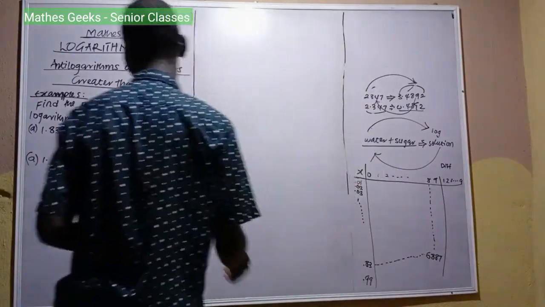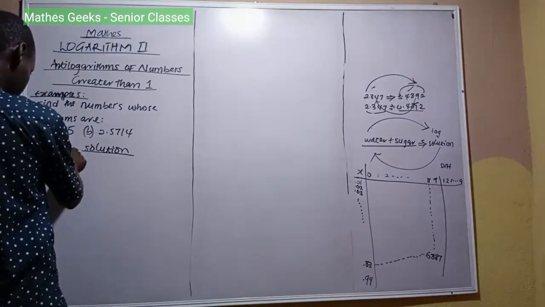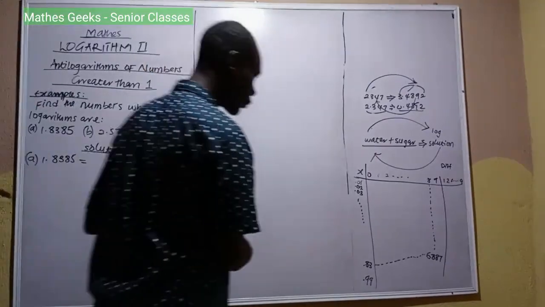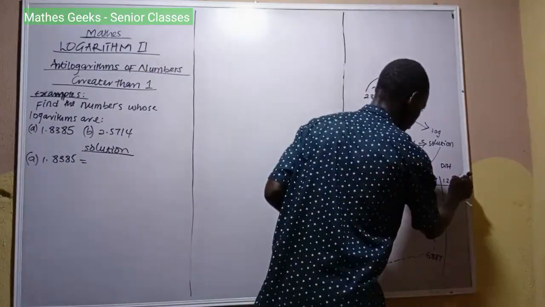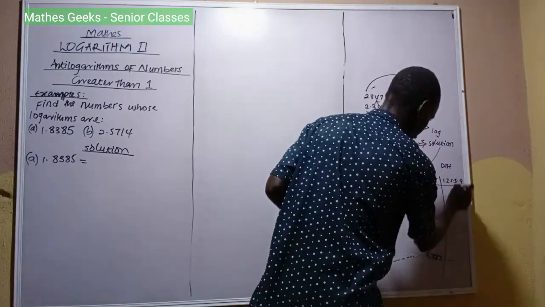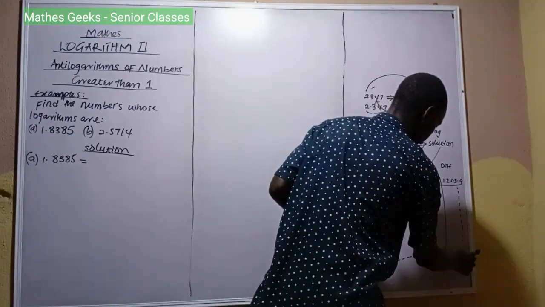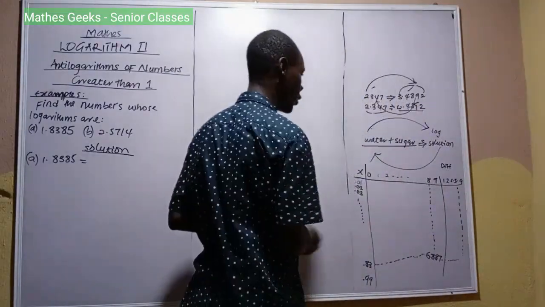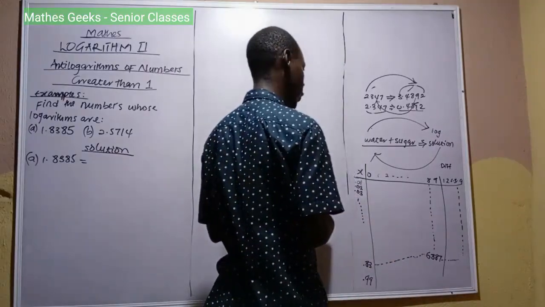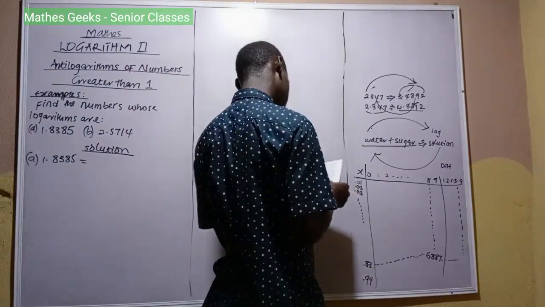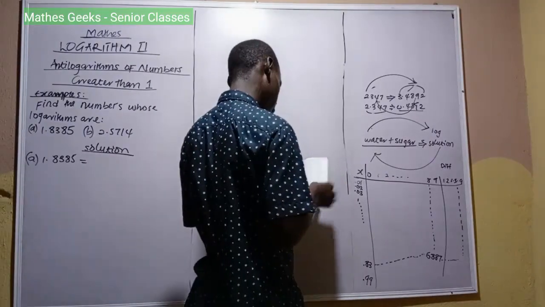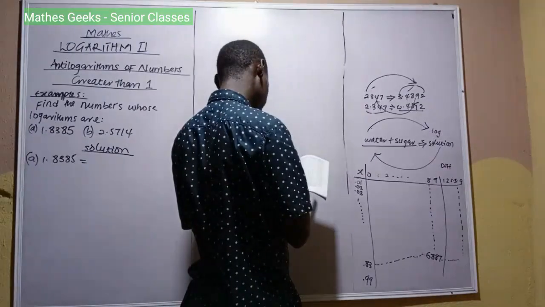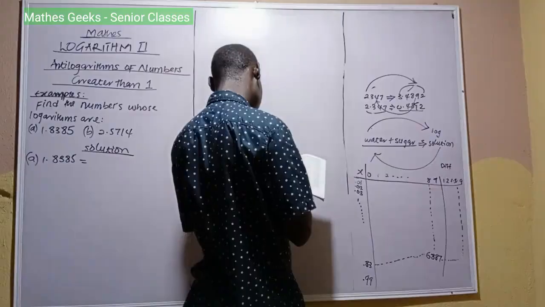The next thing is to come over here and look at what the fourth figure is. The fourth figure is 5. So you come to the difference column, under 5, and you trace this down also and get the value. 0.83 in the difference column under 5 is 8.